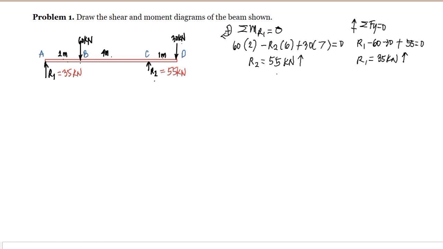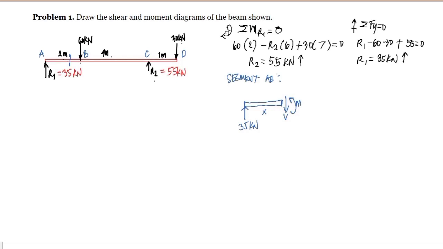So for the segment AB, we cut it between A and B. So we would have this R1, which is equal to 35 kilonewton, and we assume that this distance here is x, and of course we have here the shear and we have the moment.